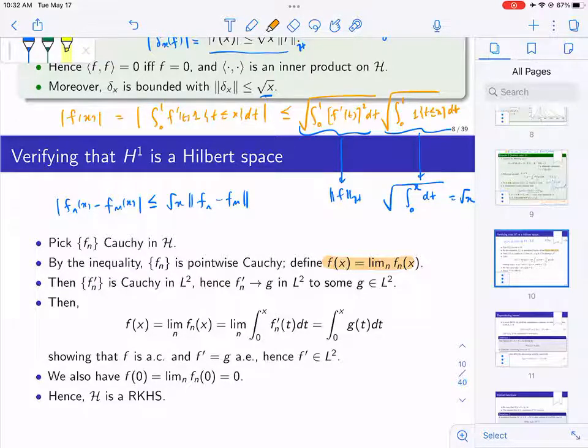And so fₙ' has to converge to some g in L², because L² is complete. We know that L² is a Hilbert space, so this is complete. So fₙ' converges in L² to some g in L². Next, this is by the definition of f as the pointwise limit.